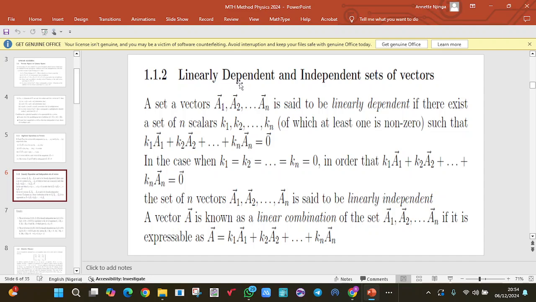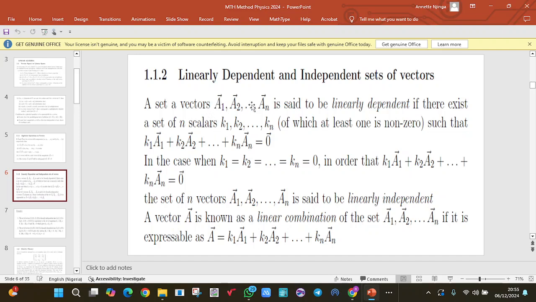I want us to look at the words linearly dependent and linearly independent. When we say something is linearly dependent, what do we mean? A set of vectors is said to be linearly dependent if there exists a set of scalars, of which at least one is non-zero.